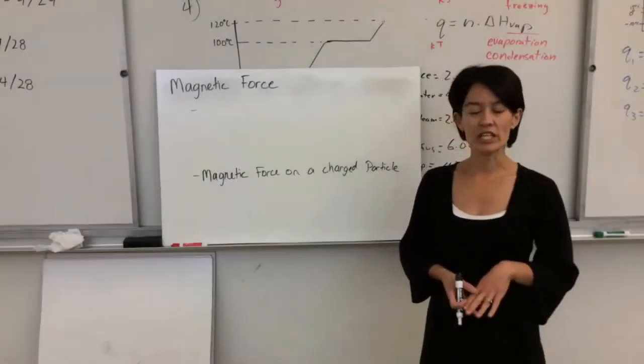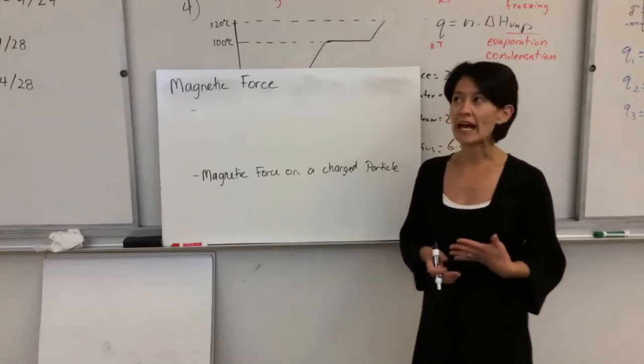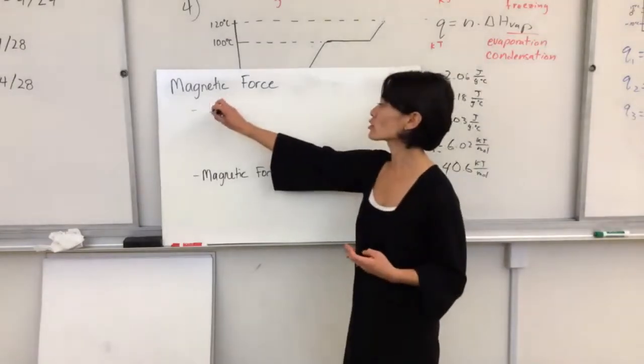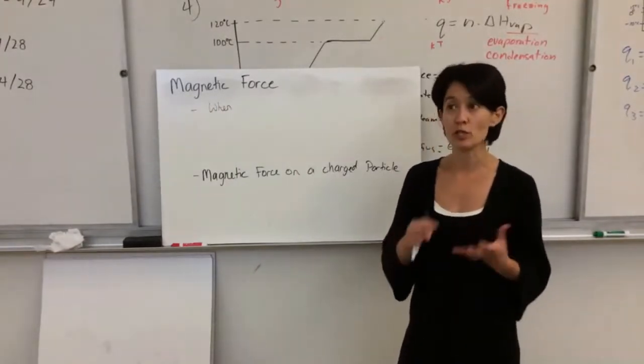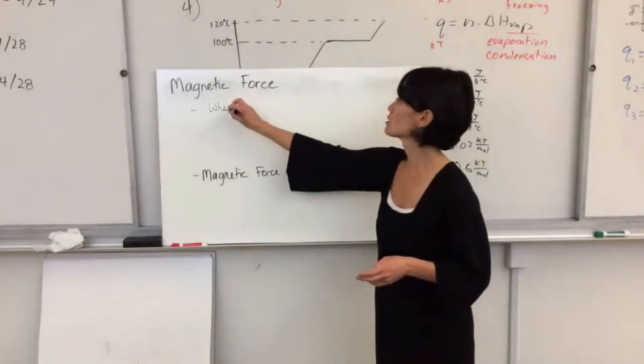Okay, this lecture is on the idea of magnetic force, and essentially whenever there are two magnetic fields in the same region, a magnetic force is going to be exerted on the objects.